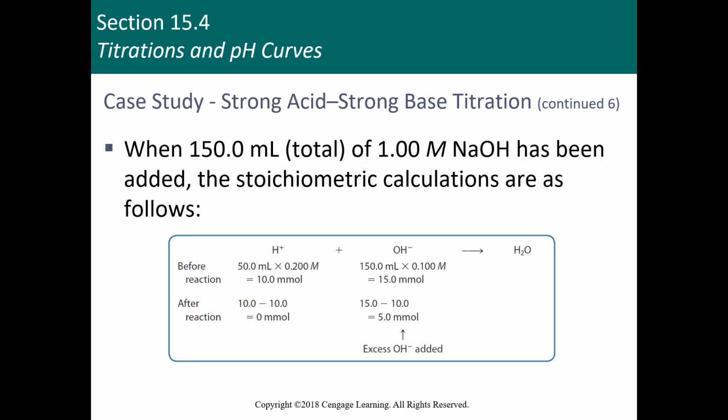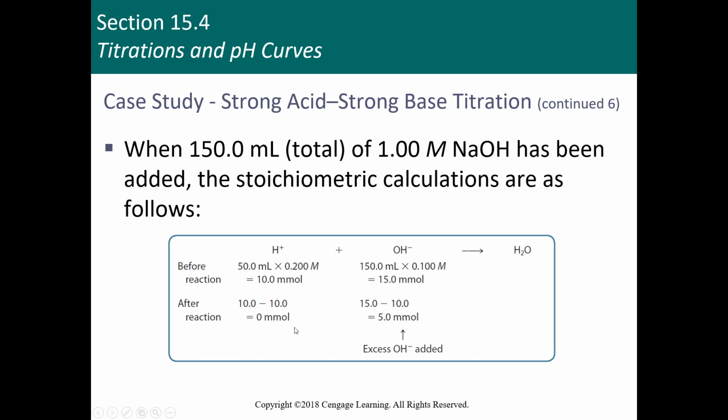So what happens when you add 150 milliliters of that NaOH now? Well, this is actually going to completely overwhelm your H plus and leave you with OH minus, won't it? And so what we see here is we start off with 10 millimole of the H plus, and we now have 15 millimole of the OH minus we're starting off with.